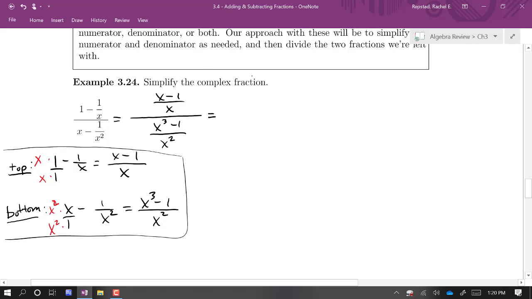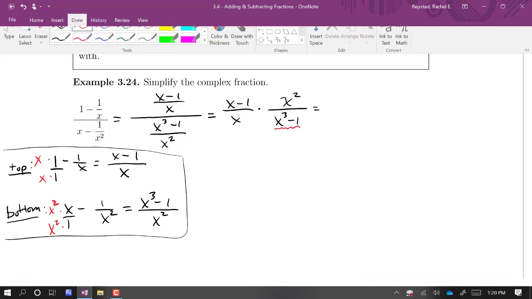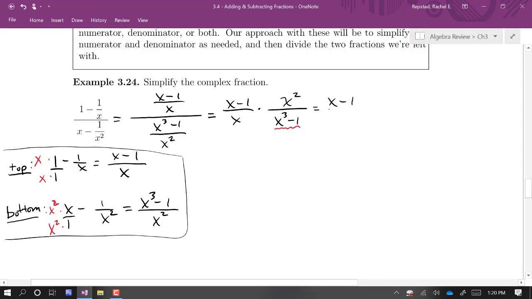So now let's proceed. We know how to do a problem like this. We're going to turn it into a multiplication problem. And almost everything is factored, except we can factor that difference of cubes. So that's x minus 1, x squared plus x plus 1.